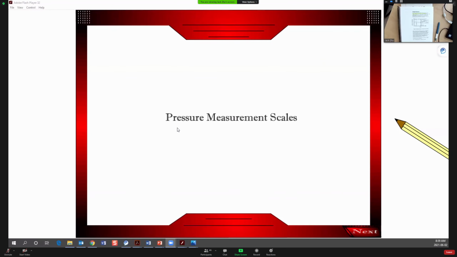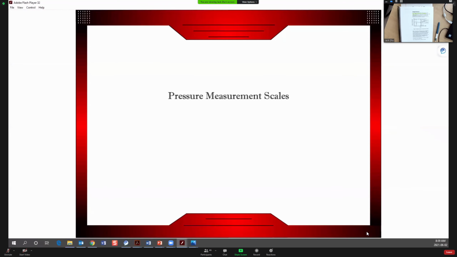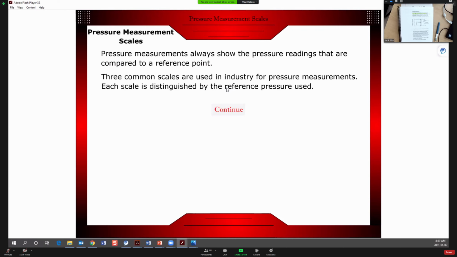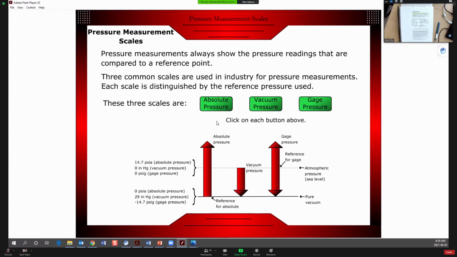So, pressure measurement scales. The pressure always has a reference point when you measure something. There are 3 common scales. It depends on the reference pressure they use.